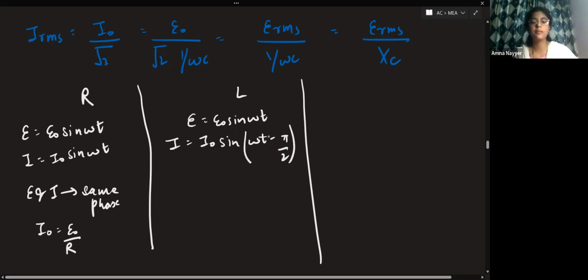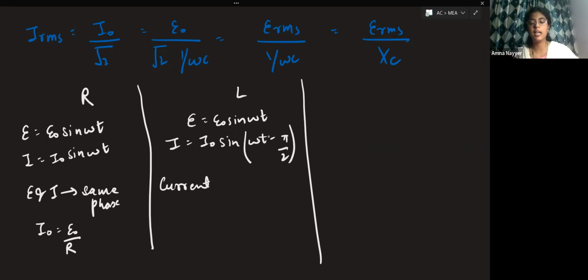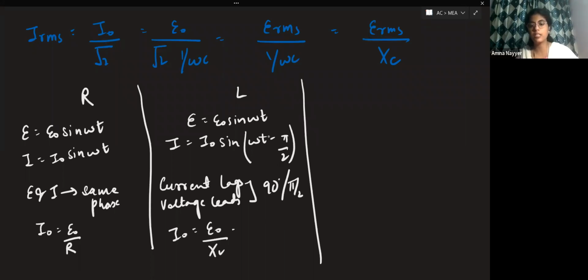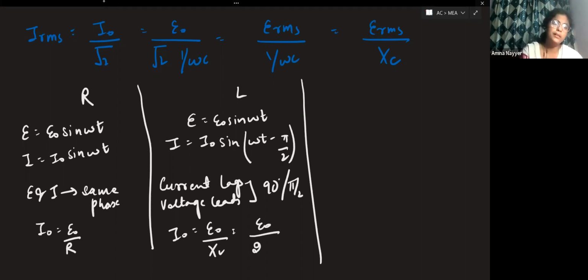This means that current lags and voltage leads, by 90 degrees or pi by 2. And I naught is given by E naught by XL, which is E naught by omega L. Further, omega can be written as 2 pi nu, so this is 2 pi nu L. L is the self-inductance.